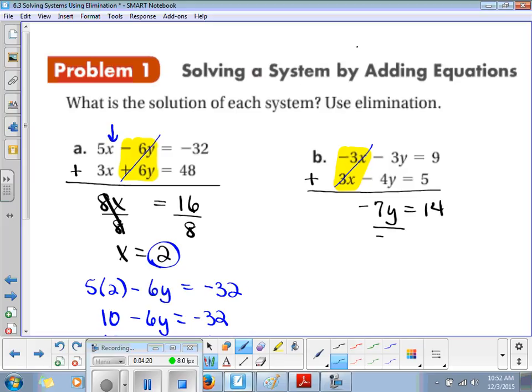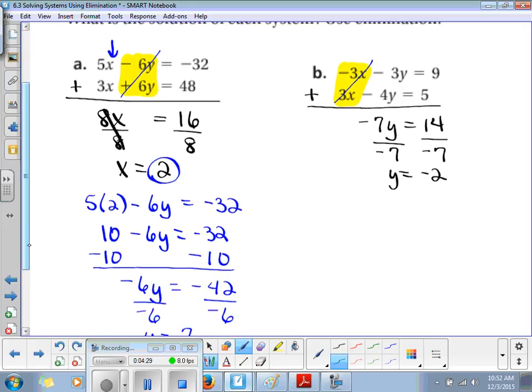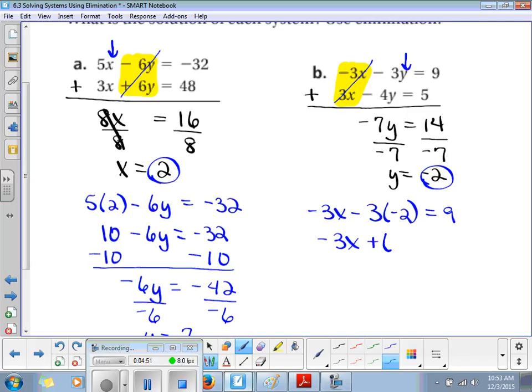Then we'll divide by negative 7, and y is equal to negative 2. So now we're going to take that negative 2 and we will substitute it in to the original for the y. So we have negative 3x minus 3 times negative 2 is equal to 9. So negative 3x plus 6 is equal to 9.